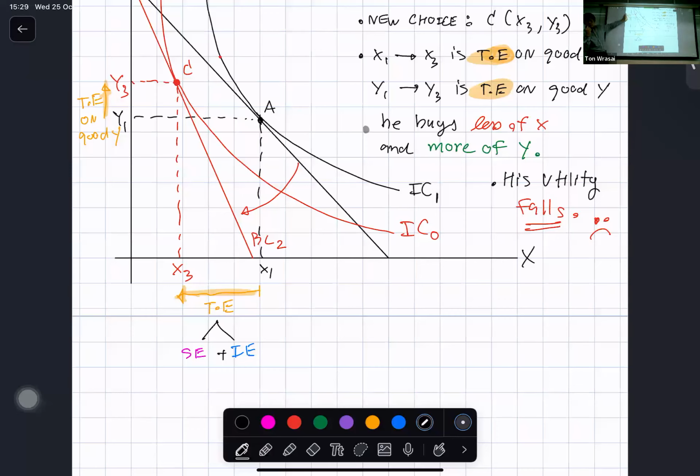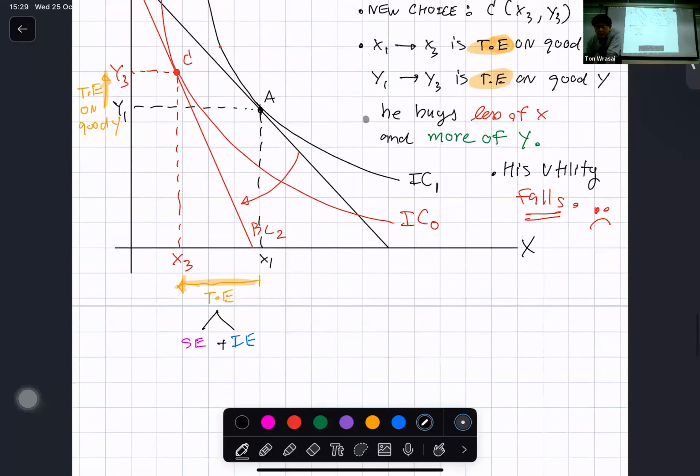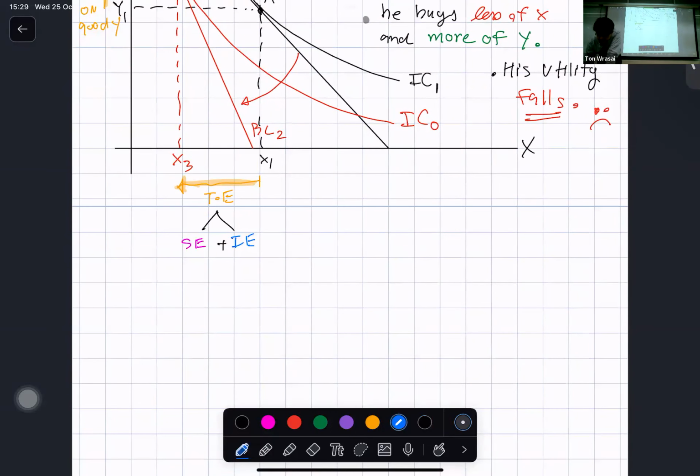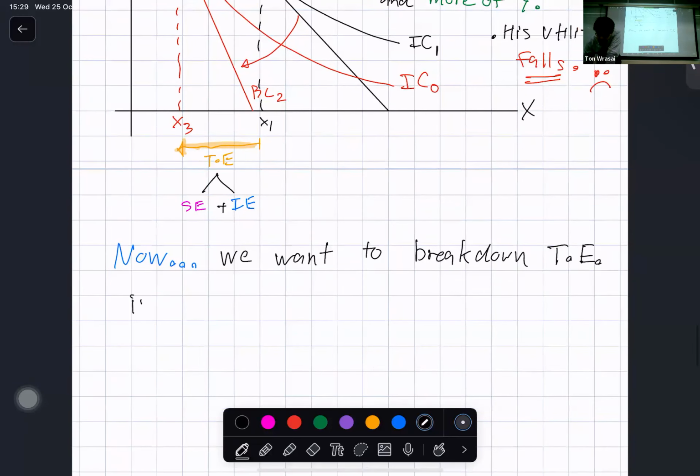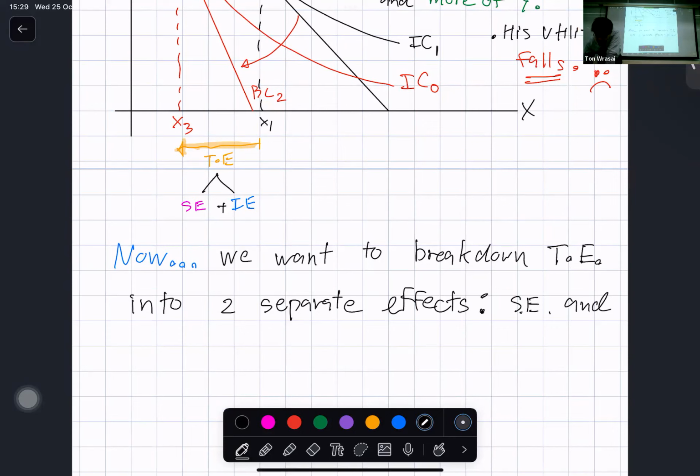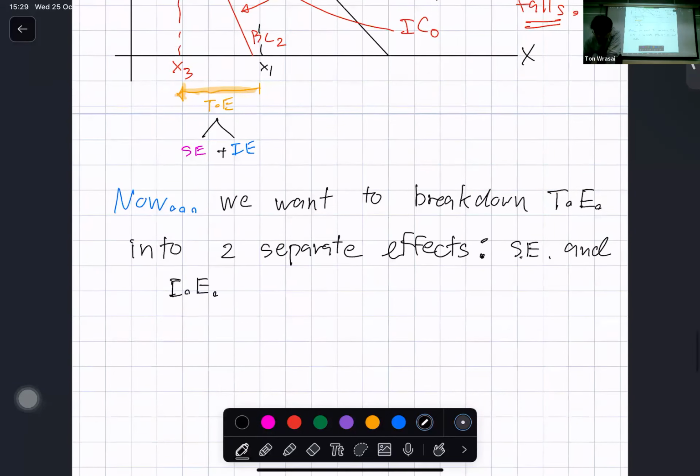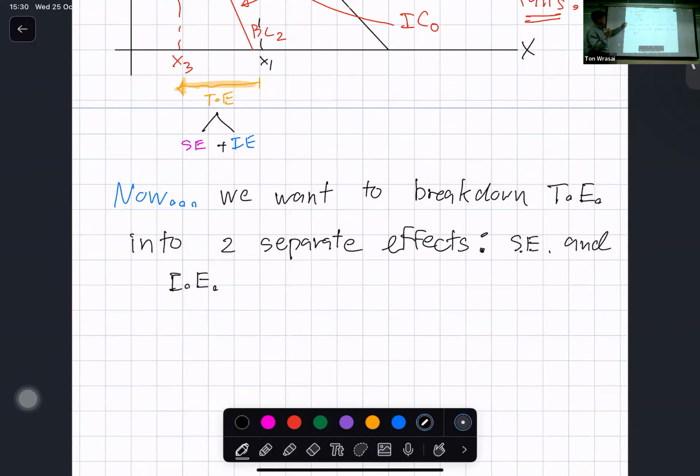The same is true for good Y. Now, we want to break down the total effect into two separate effects, namely SE and IE.